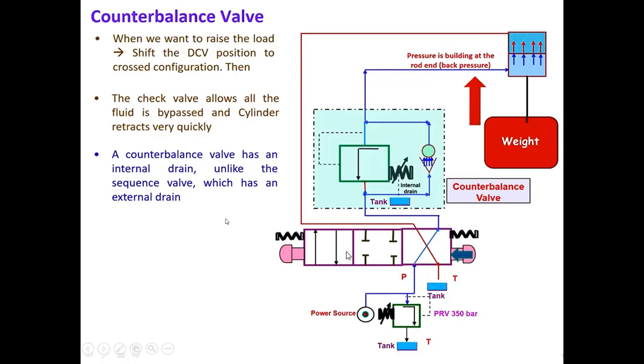When we change position from here to here, then the liquid goes like that, force is applied here, and then the liquid goes to raise the weight. So the check valve allows all the fluid to bypass, and the cylinder retracts very quickly.